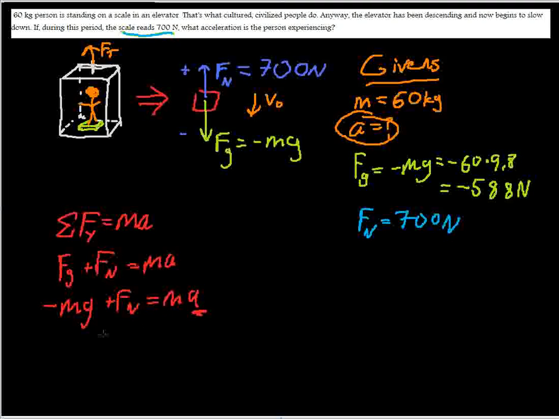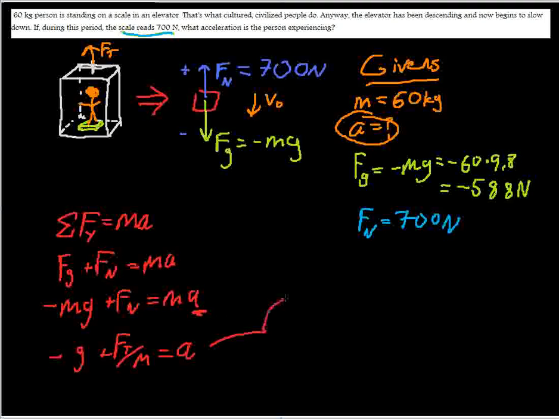Now the last bit here, I'm looking to solve for a, so I'm going to do everything algebraically, which means I need to divide every term, this term here, this term here, and this term here, by m. When I do that, I get the opposite of g plus the normal force divided by the mass equals the acceleration.